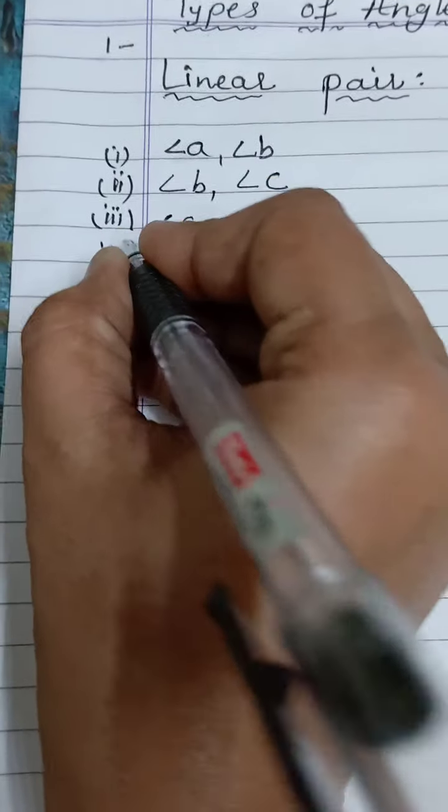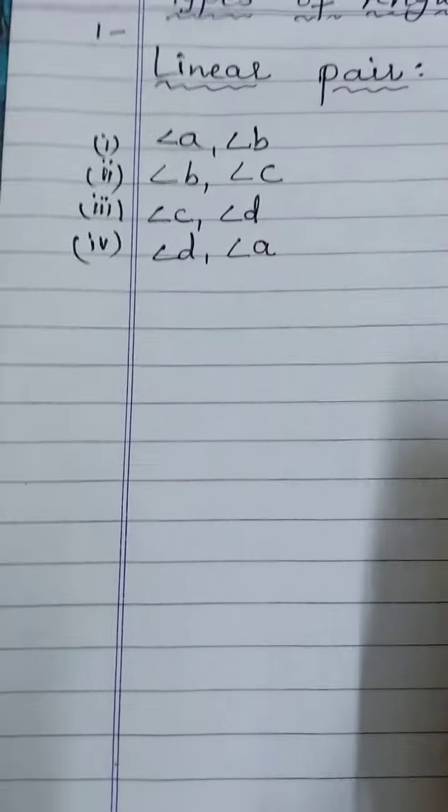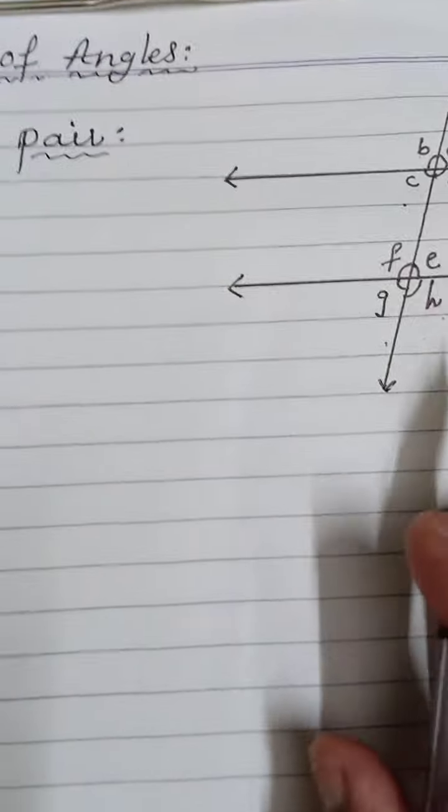So the fourth pair is angle D and angle A. I hope all of you have understood the linear pair.